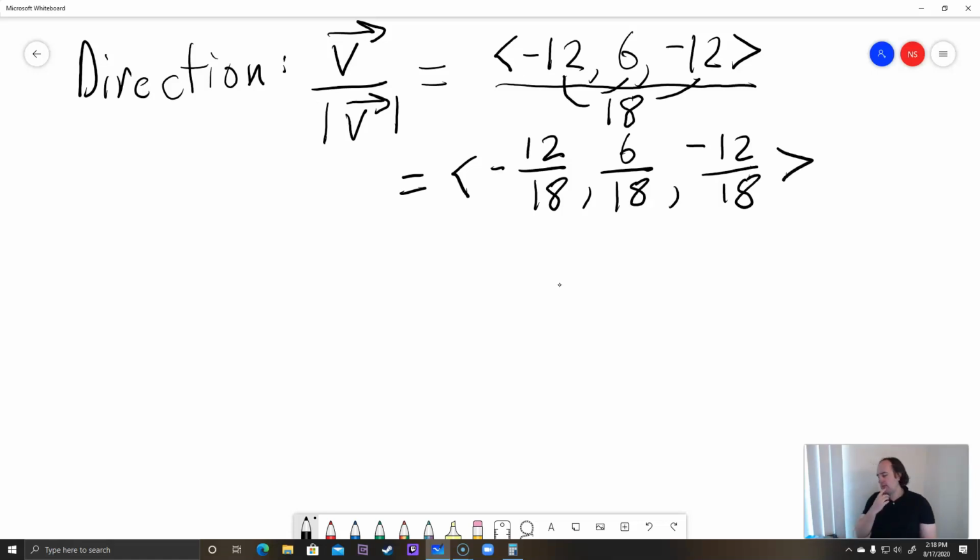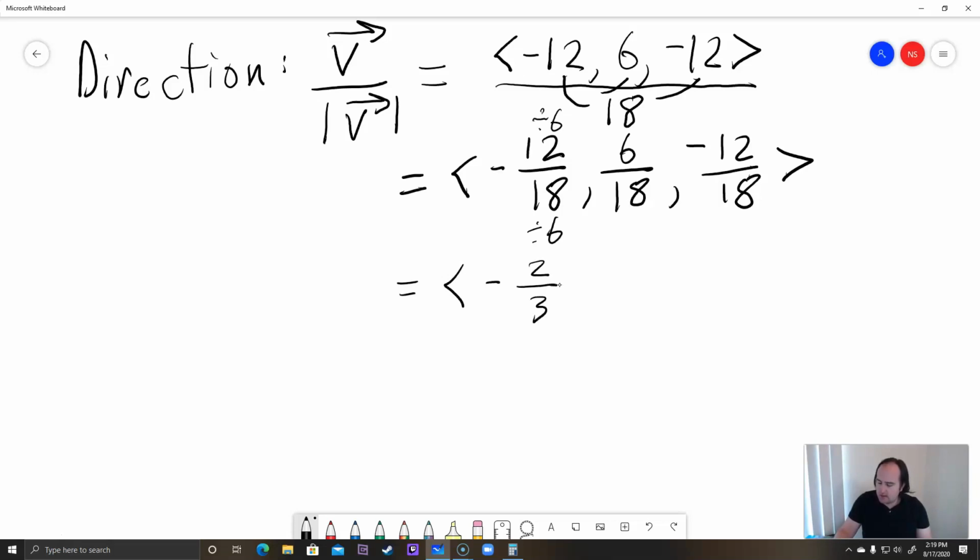Okay, and then remember with fractions you can simplify them with some calculators, but these are pretty easy. So you just divide the top and the bottom by the same number to simplify it. So for this first fraction we divide the top and the bottom by 6. And we get 12 divided by 6 is 2, so we get negative 2 over, well, 18 divided by 6 is 3.